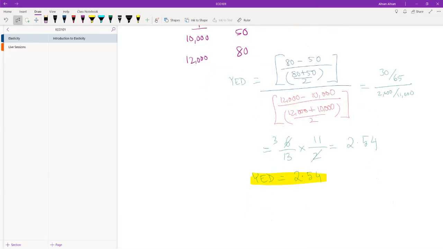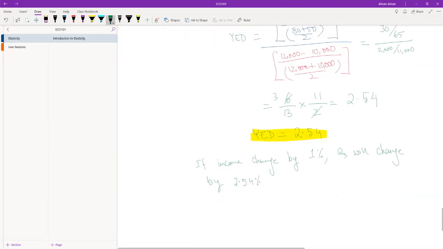In this case, what it means is that if income changes by 1%, quantity demanded of this good will change by 2.54%. And that's pretty much how you interpret this.